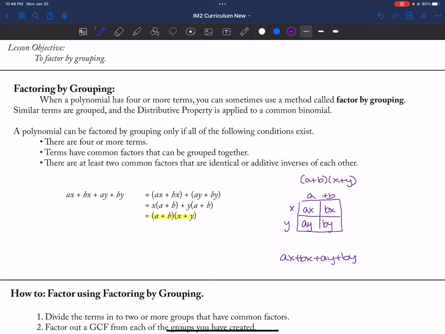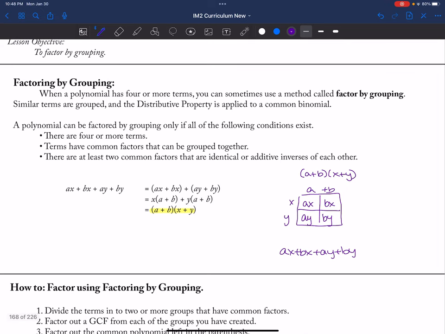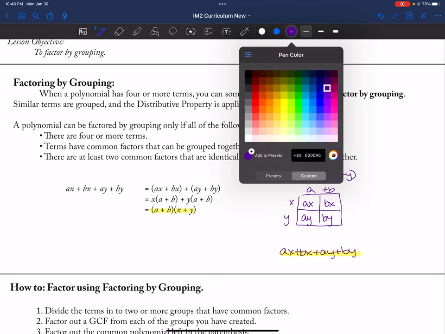Now factor by grouping, what it essentially does is group two terms together. So you start off with this expression, and then I'm like, oh, I wonder what I can do. What we do is what we call factor by grouping.